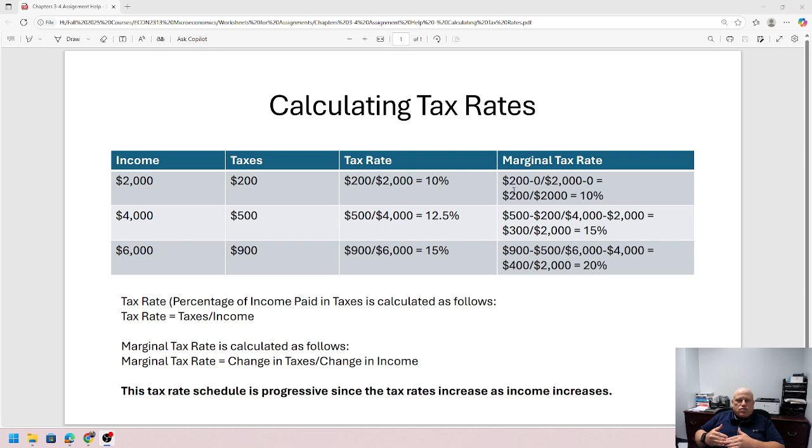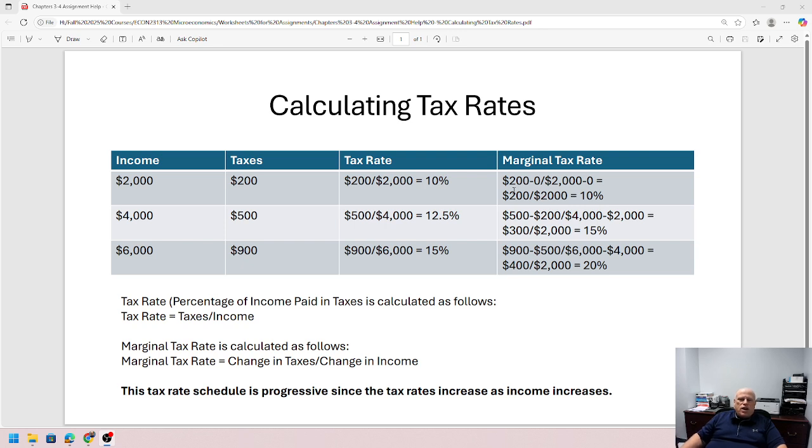In this case, it's the change in our taxes as we move from 0 income to $2,000 of income. The change in our taxes starts out at zero and then goes to $200.